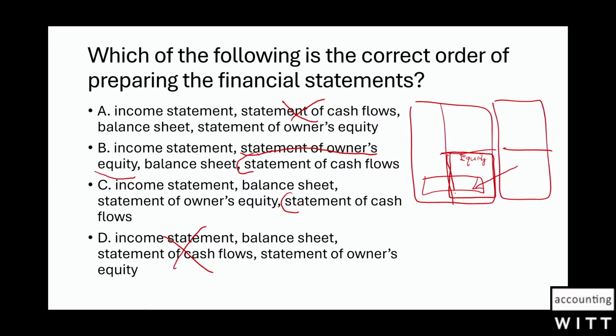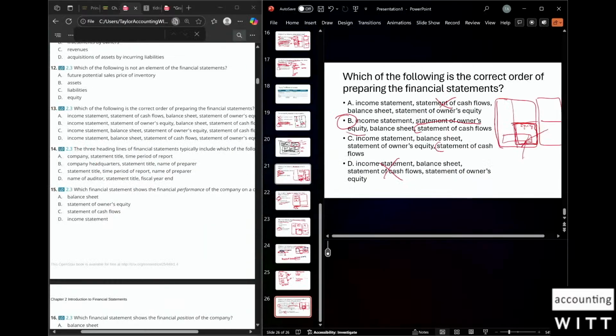And I'm going to say yes, because you'd have to have the statement of stockholders' equity figured out before you could build the balance sheet around it. So I'd guess B.